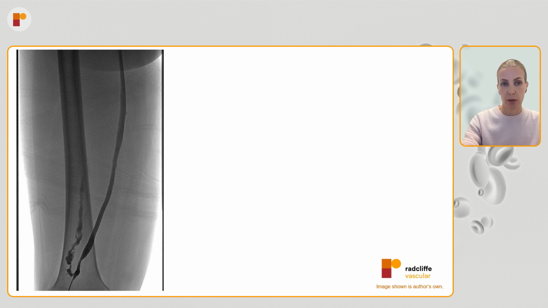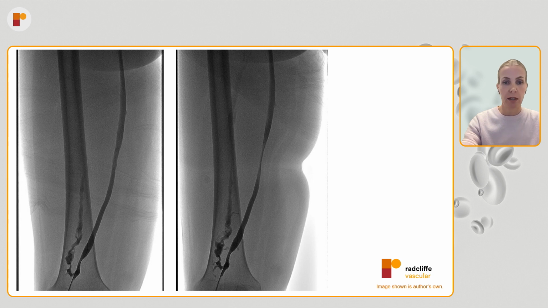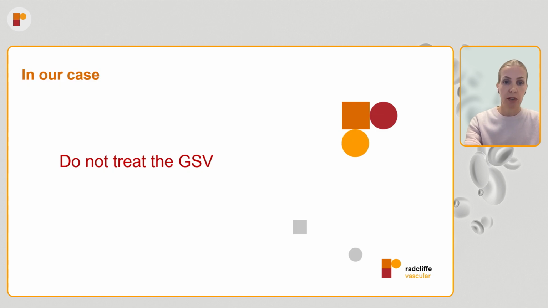This is not this patient, it's another patient, but you can see the superficial system and the deep system is, well, it's really small and there's hardly any blood going through. And then here there is a tourniquet on, and then you can see that there is a little bit more blood going through the deep system, but it's still not much. So in this case, I would say that the superficial venous system is an important system for drainage out of the leg.